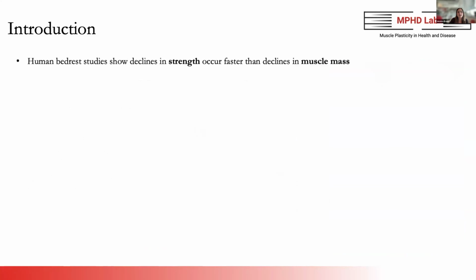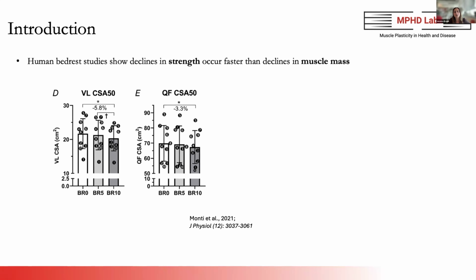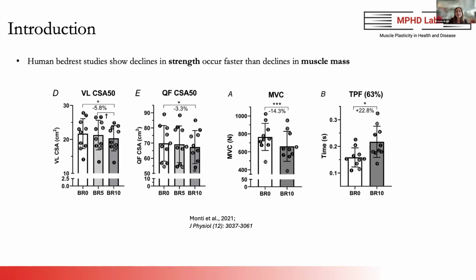Our best alternative to spaceflight samples are those from Earth-based models, more commonly bed rest studies, as well as animal models, which I'll get into. One of these studies that was recently published collected characteristic and functional muscle data from participants, and they demonstrated that weakness appears to precede the muscle atrophy.